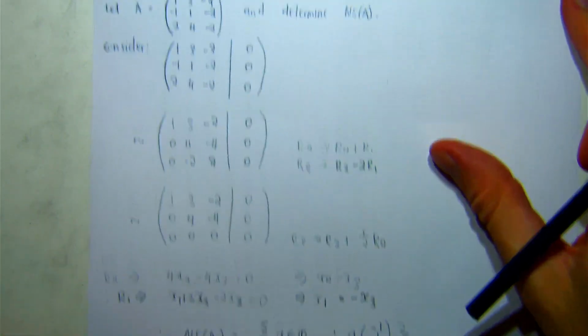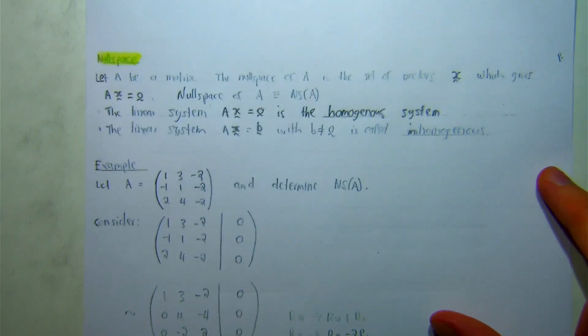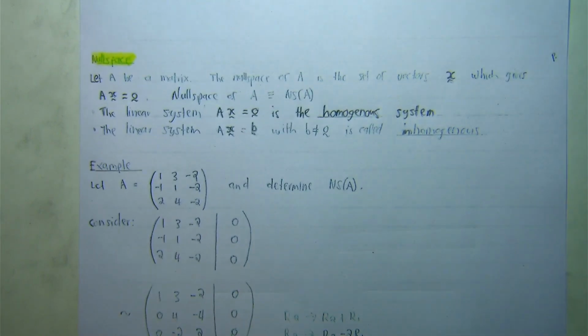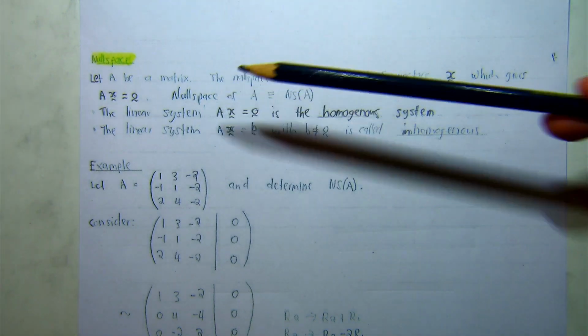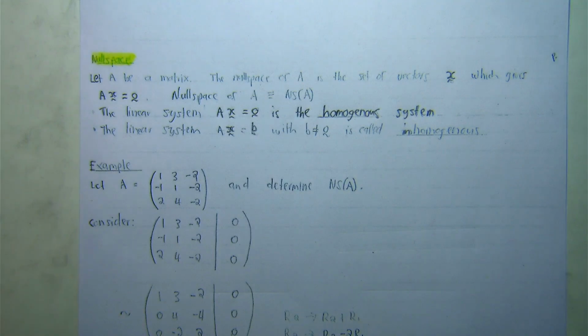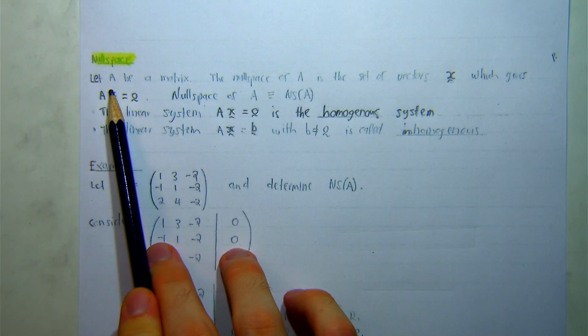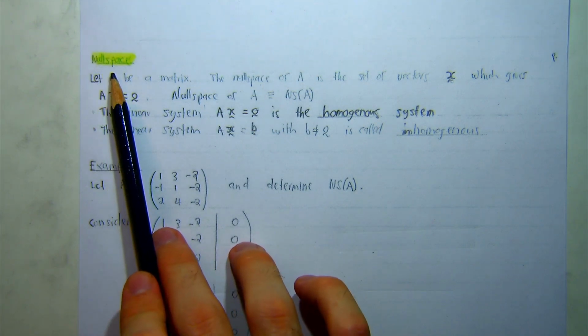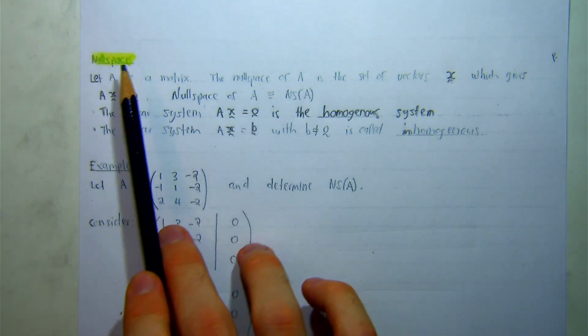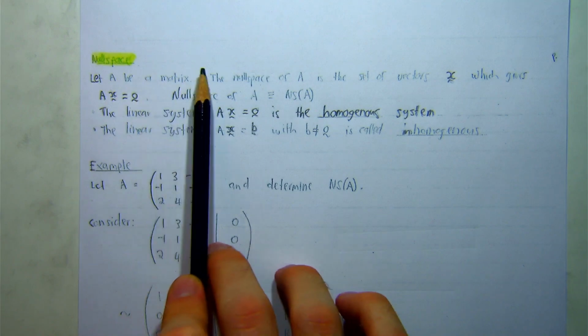One more thing I want to look at in this video, which is an application of Gaussian elimination and an abstract concept. What I want to look at is the null space. The null space is an analysis on a matrix A, which is the set of all vectors that have A times X equal to 0.